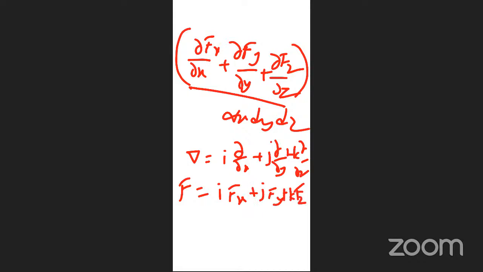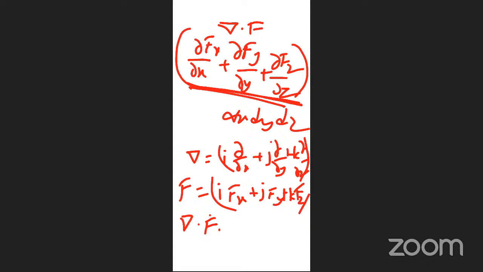So this is del dot F. These both are multiplied. Then simplify: the value of del dot F is equal to ∂Fx/∂x plus ∂Fy/∂y plus ∂Fz/∂z.